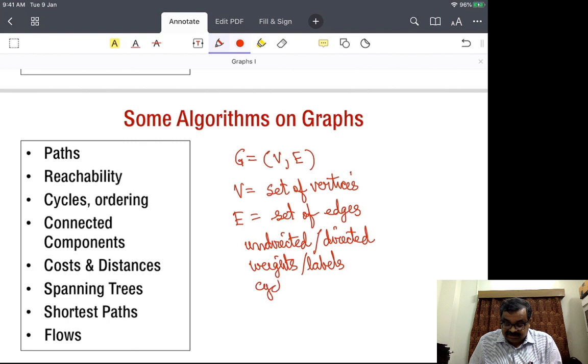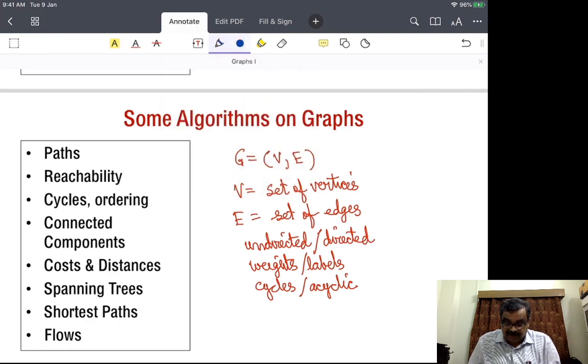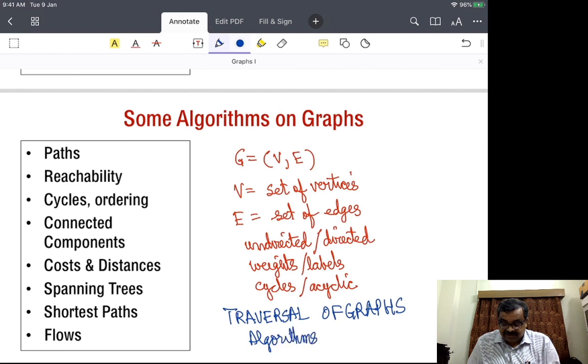They could have cycles or they could be acyclic. There are several problems that we need to solve on these graphs. From the next lecture onwards, we shall start with the basic concept of traversal of graphs. After we understand traversal of graphs, we shall do algorithms related to graphs as given in the syllabus.